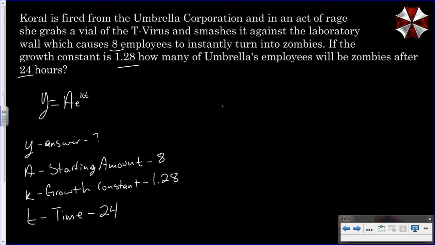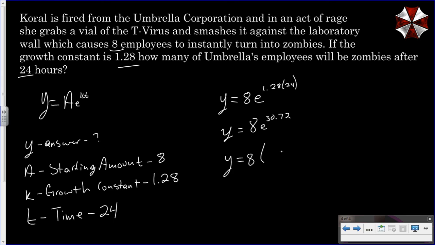Here's our formula. So y equals 8 times e raised to 1.28 times 24. So y equals 8 times e raised to 30.72. So y equals 8 times, this is a really big number, 2.19 times 10 to the 13th.